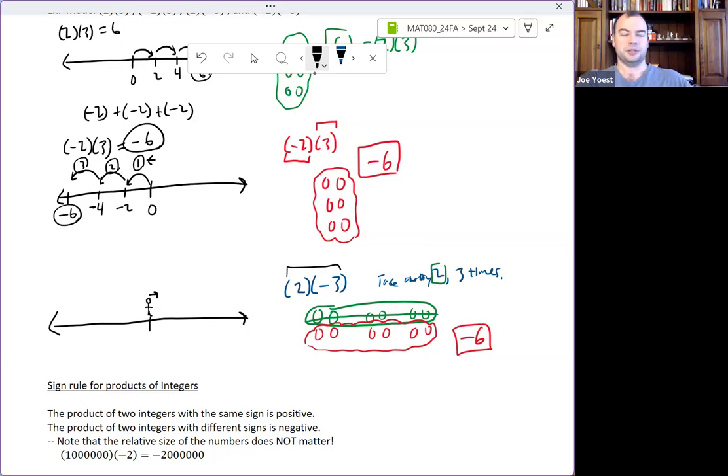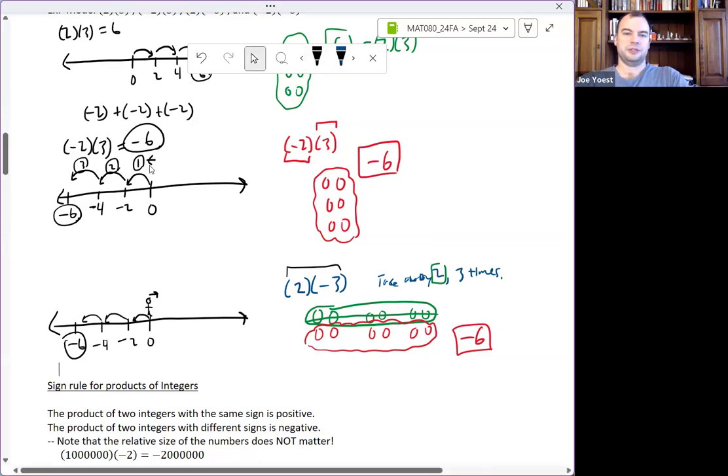I want to walk backwards 2 units 3 times. So here's 0, -2, -4, -6. There's our -6.